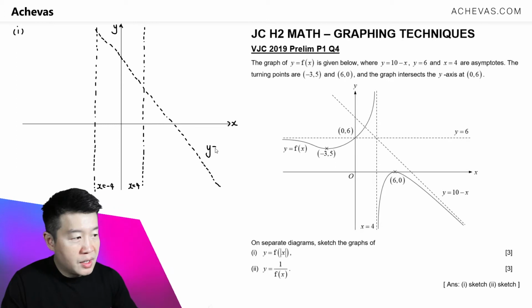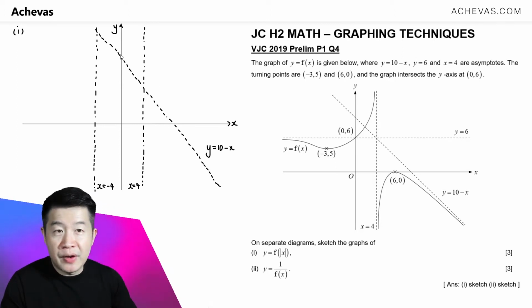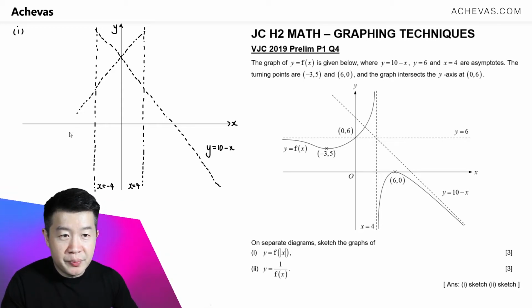And this is y is equal to 10 minus x. And it is going to be reflected about the y-axis. So geometrically, it is going to look something like this. We need to label this oblique asymptote. For this oblique asymptote here, it is going to be a reflection of the original oblique asymptote about the y-axis.